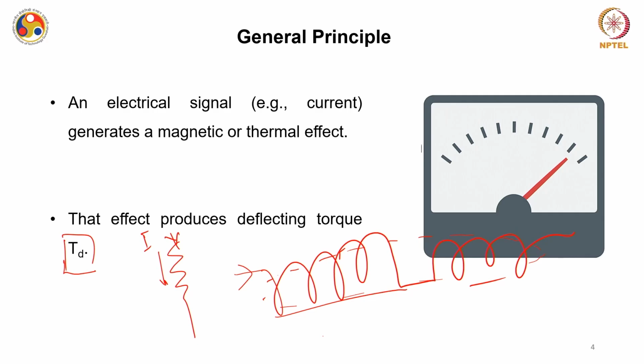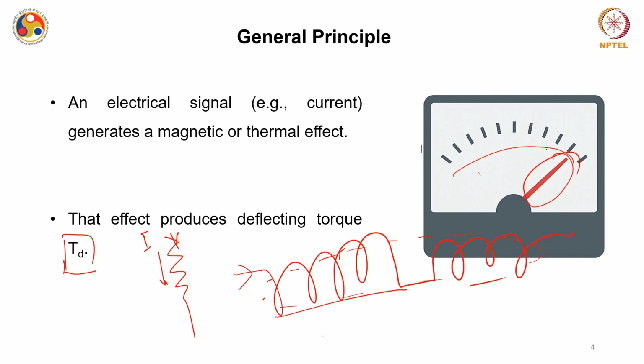The electrical signal generates a magnetic or thermal effect, or any other, it can be simply an electromagnetic effect. So this effect produces a deflecting torque, and I am calling this deflecting torque Td. Because of this deflecting torque, this pointer will keep on moving on this scale.